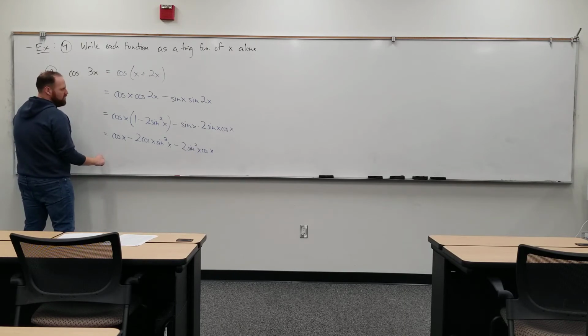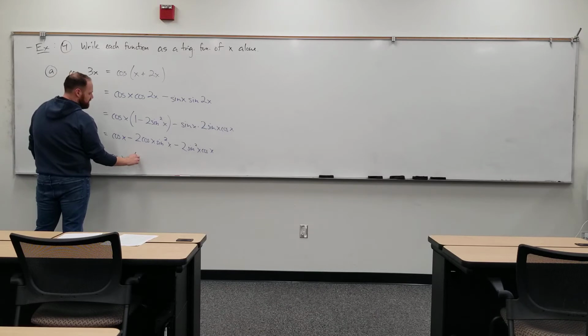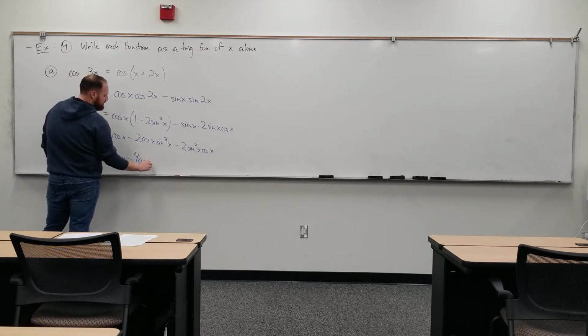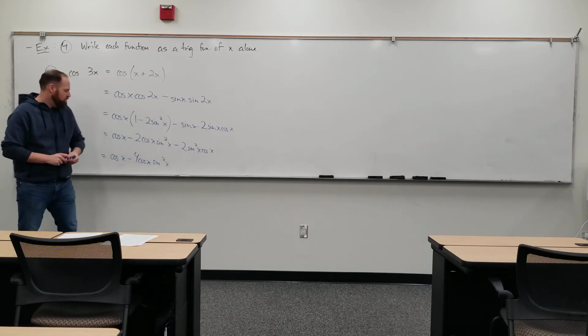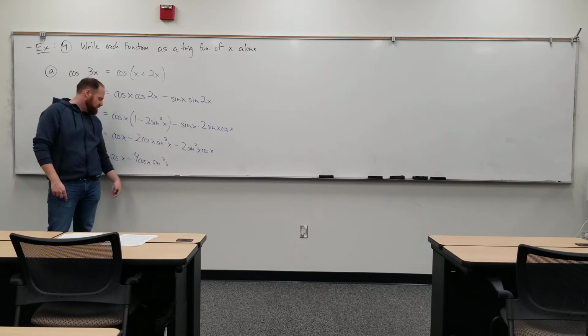Oh, okay, so I think I can make this even nicer. I'm going to call this cosine x minus 4 cosine x sine squared x. And now what I'm going to do is rewrite this as 1 minus cosine squared.